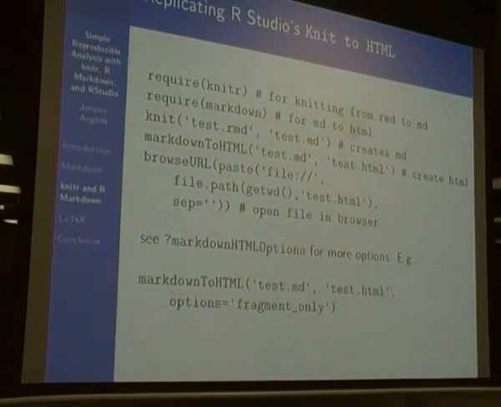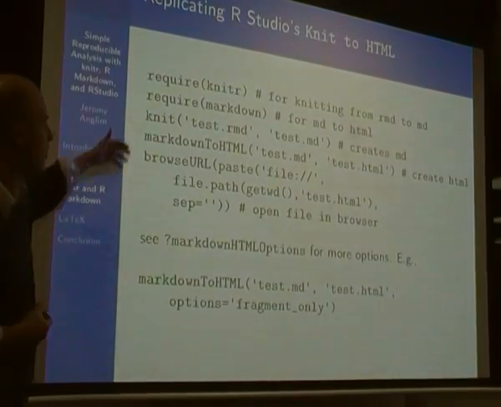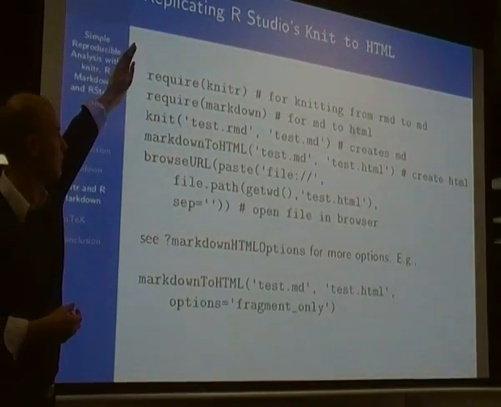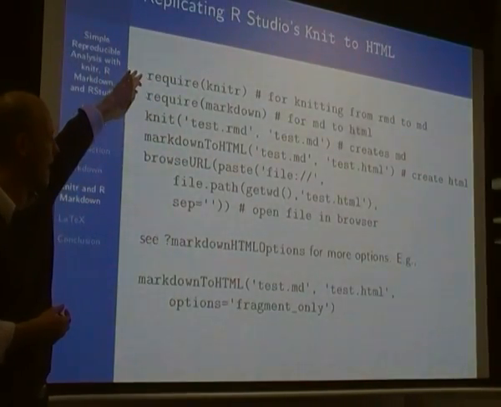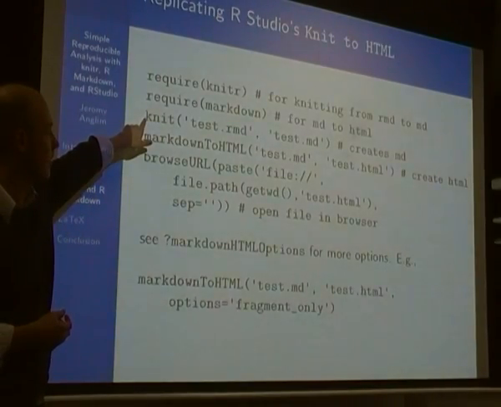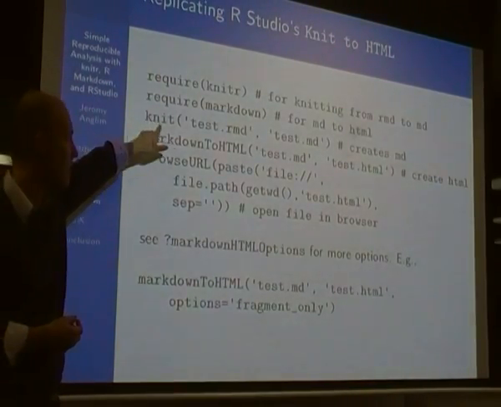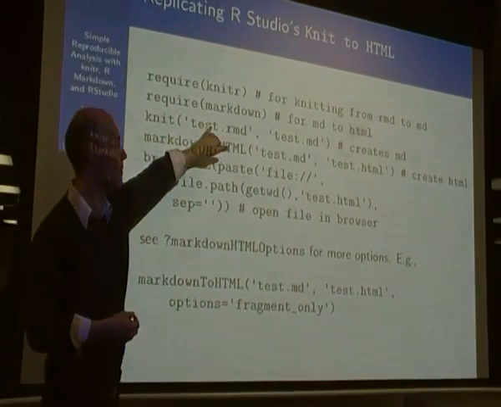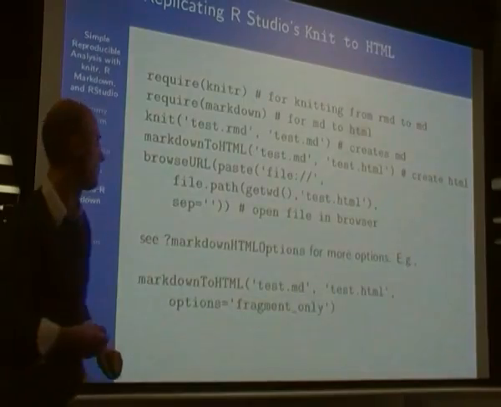So in short, if you're trying to produce your own workflows without relying on RStudio, then you can use some commands a bit like this. You can basically load the knitr package, load the Markdown package. This will knit the document. This is knitr function knit, which turns R Markdown into a Markdown file.